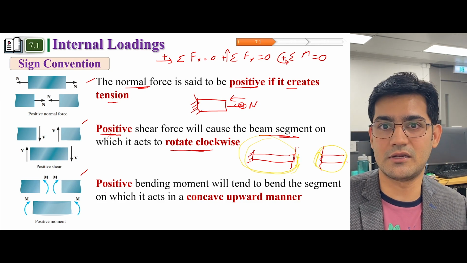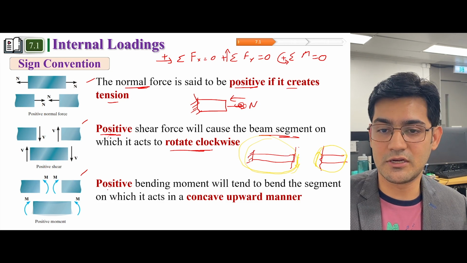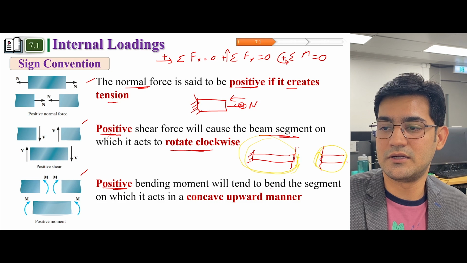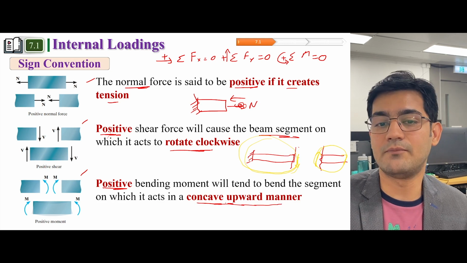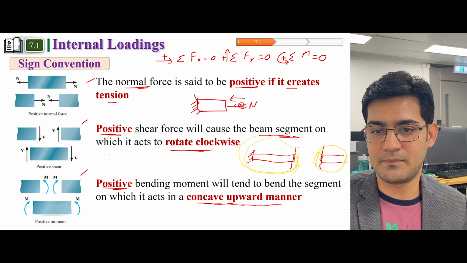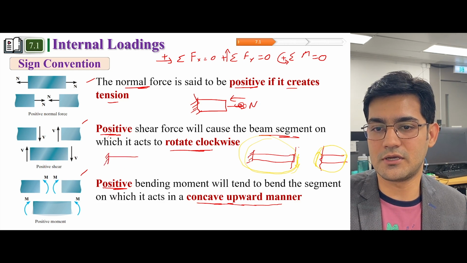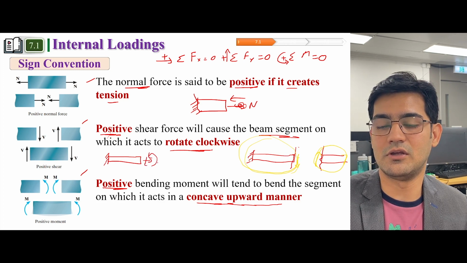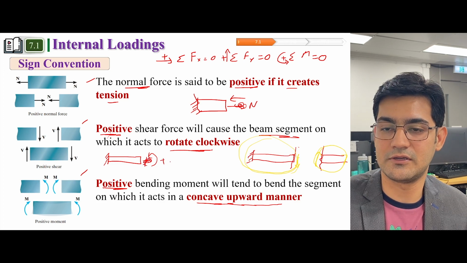What about internal bending moment? Internal bending moment is positive if it will tend to bend the segment in a concave upward manner. So what do I mean by this? For example, again, I will draw a beam and I will expose the internal loadings, and let's only talk about moment for instance.